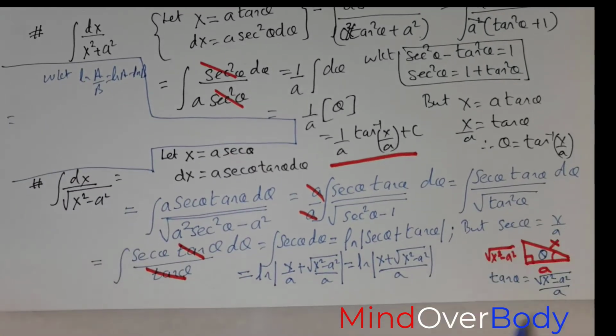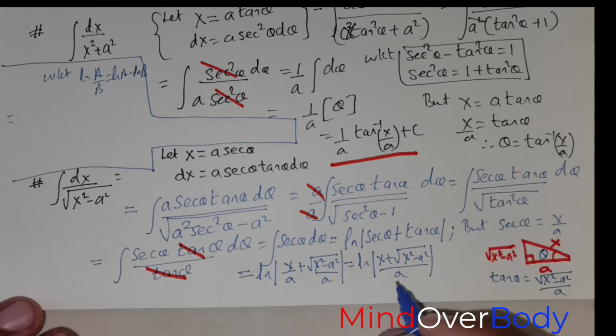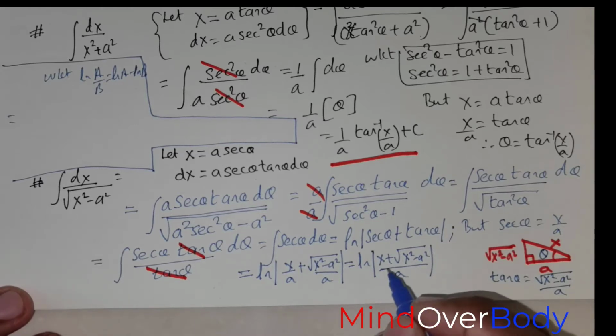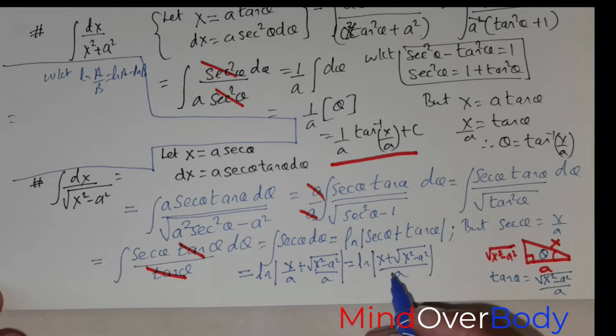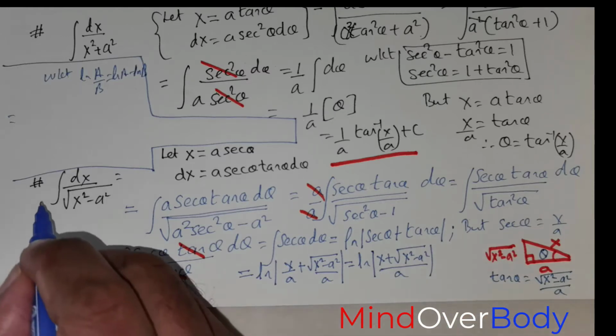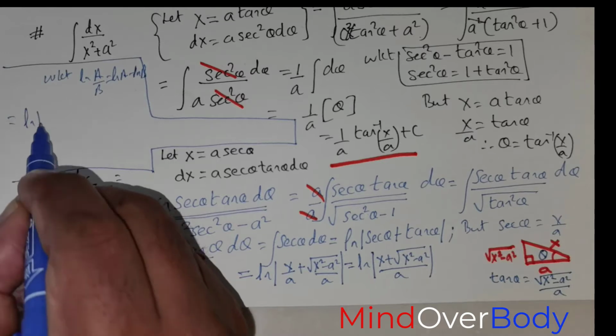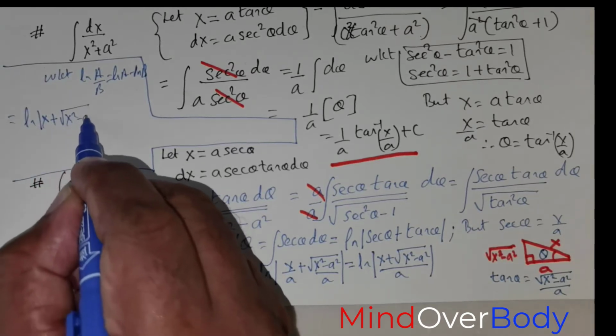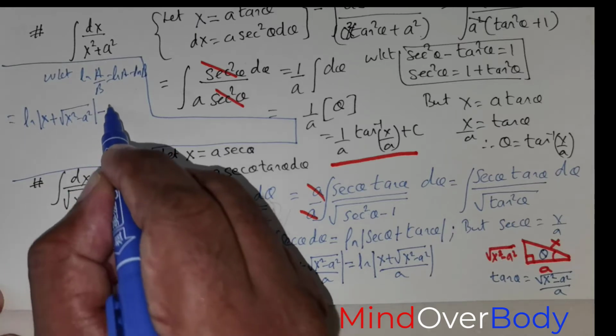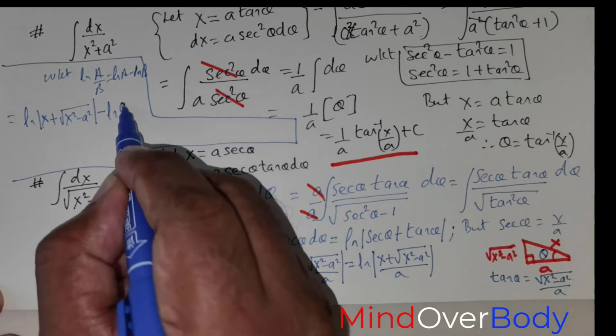So this ln of the entire quantity, I'm just using modulus because I want it to be positive. So this is rewritten as ln of x plus root of x squared minus a squared, minus ln of a.